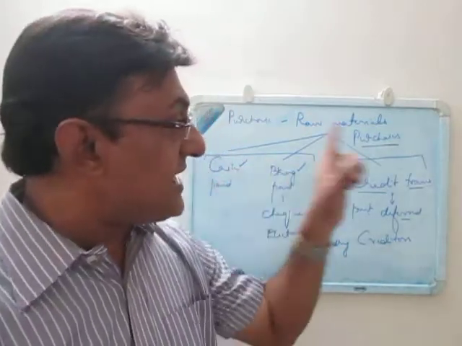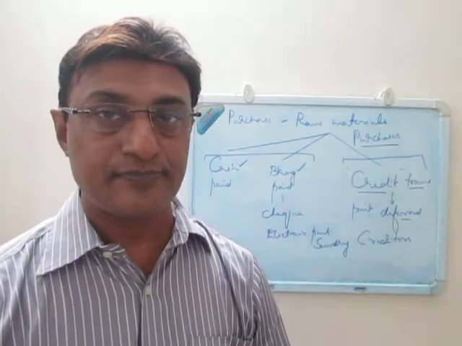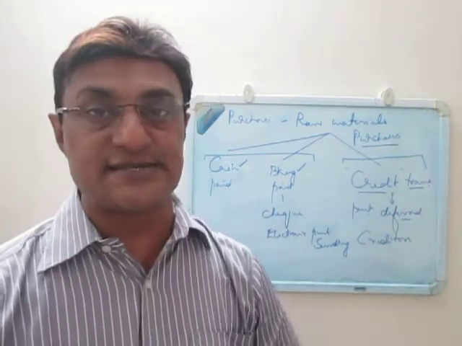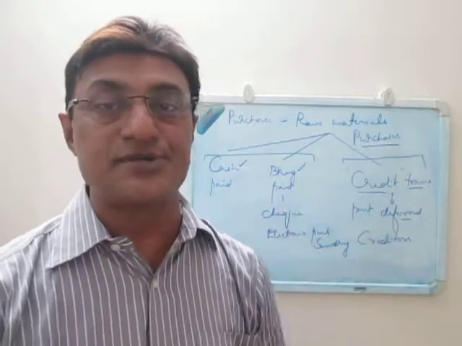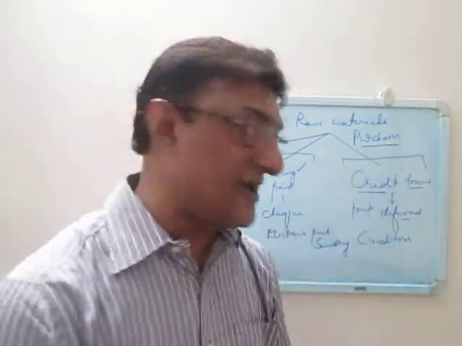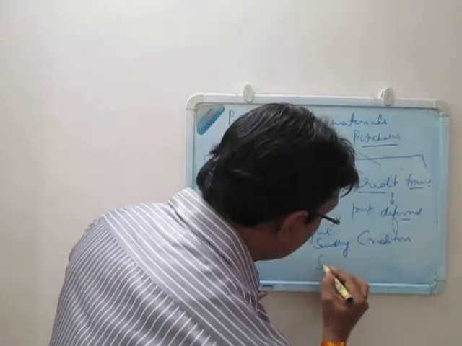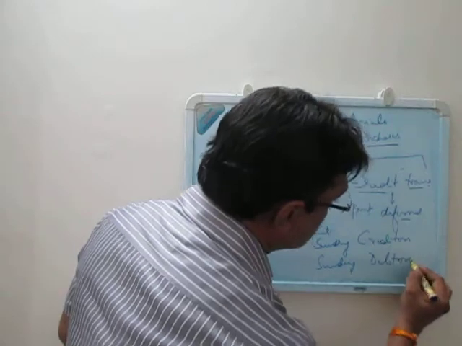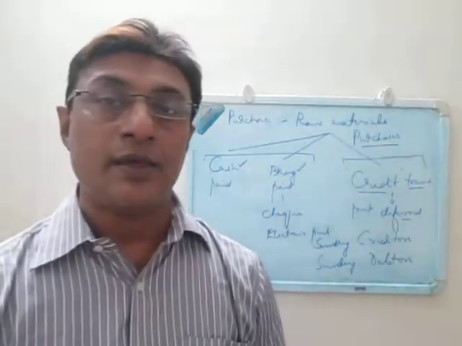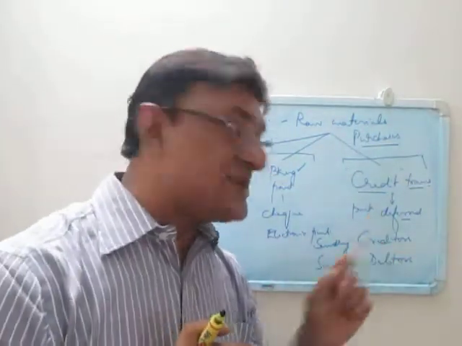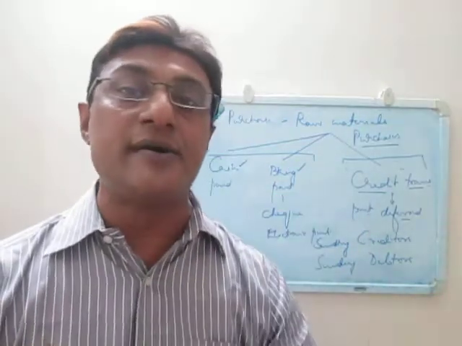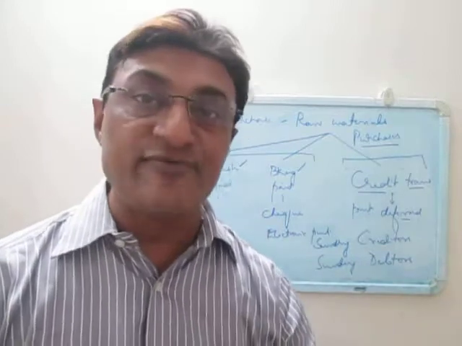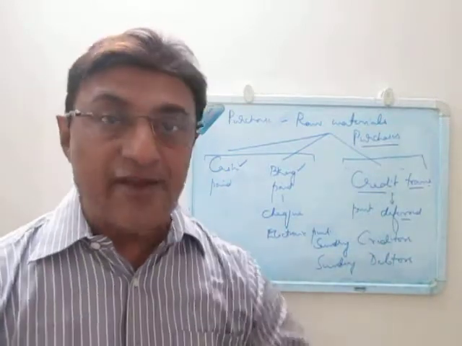Whereas if the sale is on credit, one leg of my transaction is sales, the sales account, and the other leg of the transaction is sundry debtors. A creditor is a person to whom I have to make a payment. A debtor is a person from whom I have to receive payment in respect of goods sold.